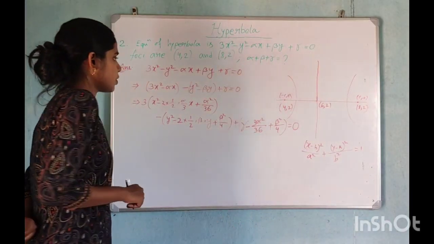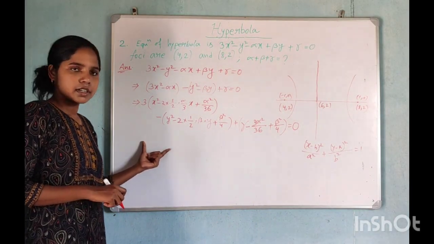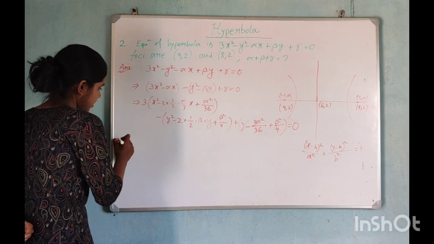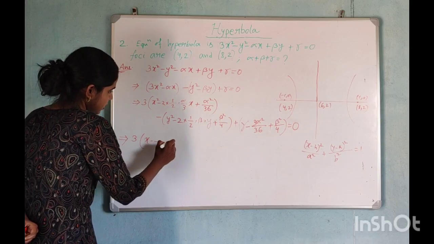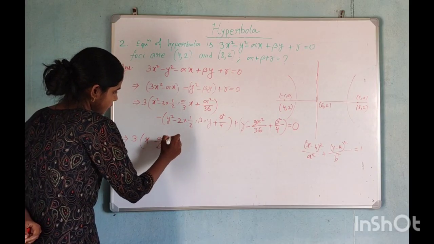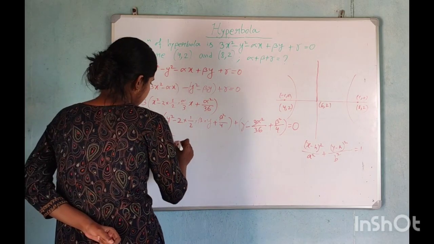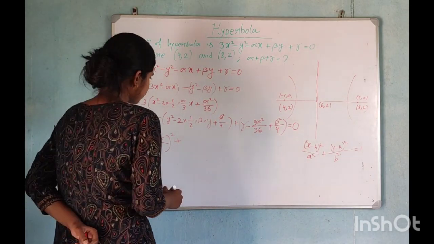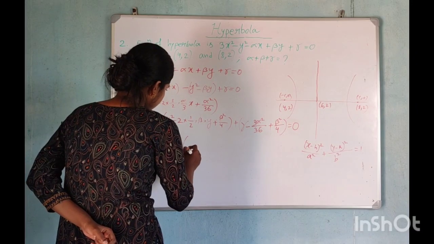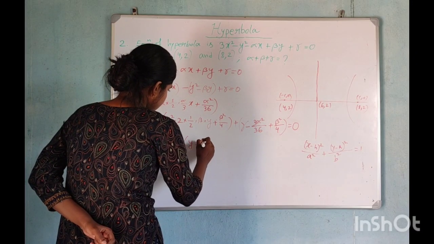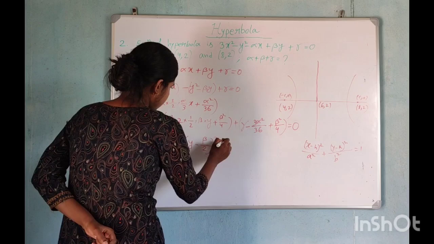So now this is our equation. In the next line we can write like this: 3 into x minus alpha by 6 whole square minus y minus beta by 2 whole square.